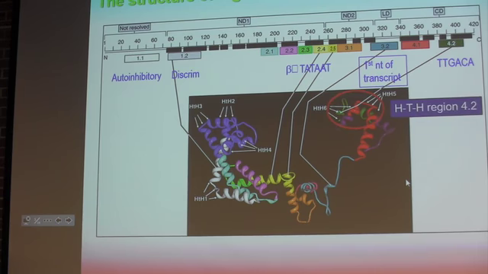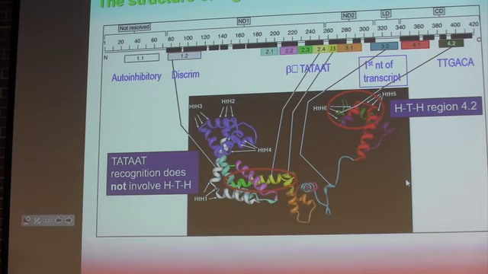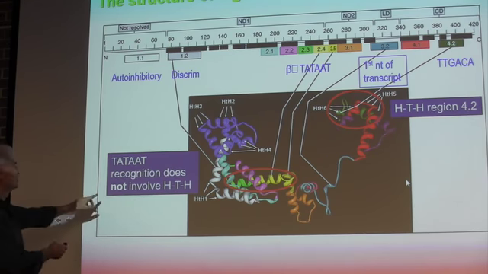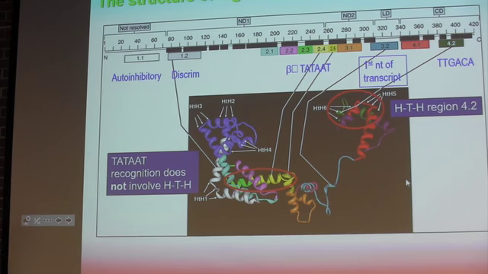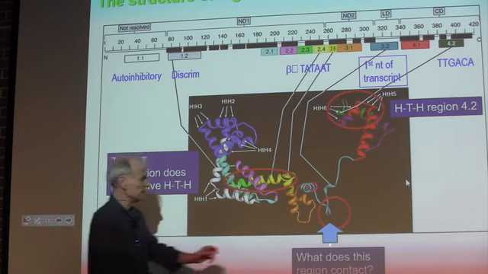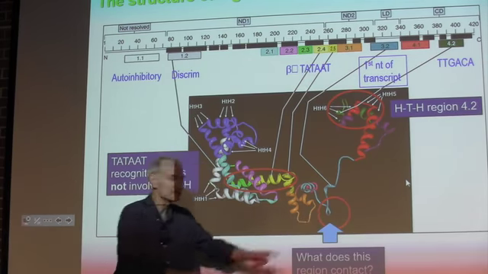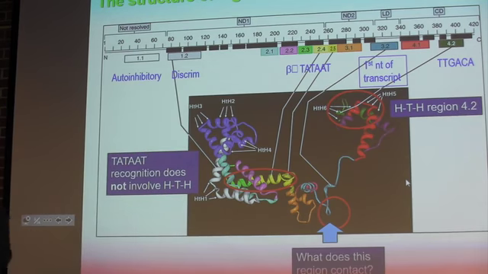Okay, let's keep going here. Helix turn helix, region 4.2, that recognizes -35. The TATA does not involve helix turn helix. It doesn't have a name other than the sigma interaction domain, but it's not a helix turn helix. What does this region contact? Well, I thought it just poked through the hole.